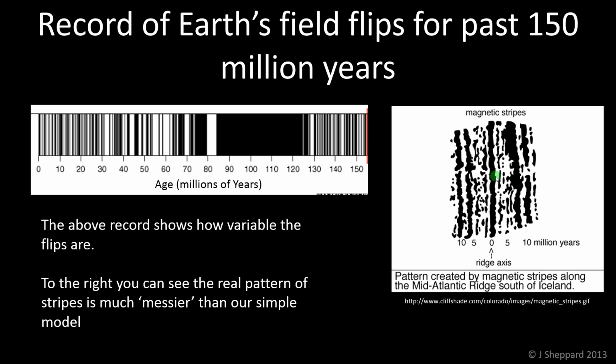It's not direct because we haven't actually measured them moving. We haven't got, like we can do with GPS devices, put them on either side of the Atlantic and measured the very slow motion, this few centimeters per year movement. But it's the best indirect evidence we have. Very difficult to argue with this, and it was the thing that finally led to Wegener's theory of continental drift really being properly accepted.